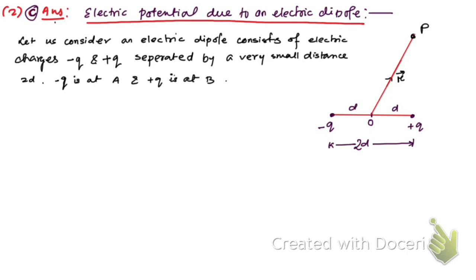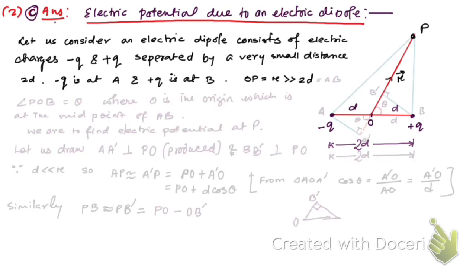Minus q is at A, plus q is at B, and OP is equal to r. This length is r, which is much greater than 2d.